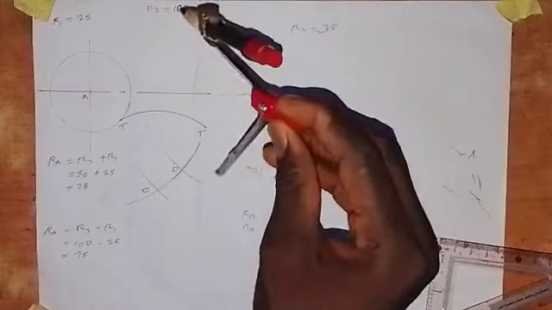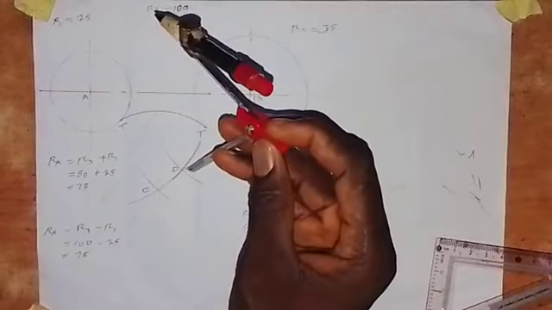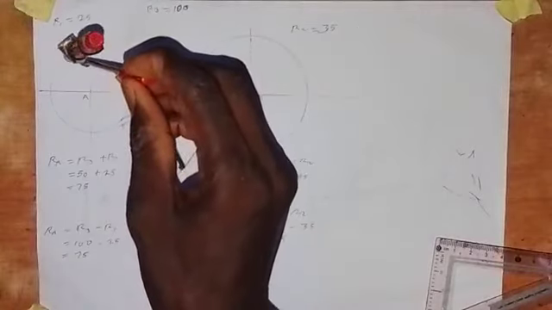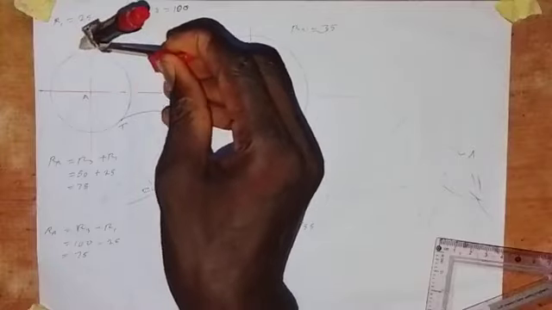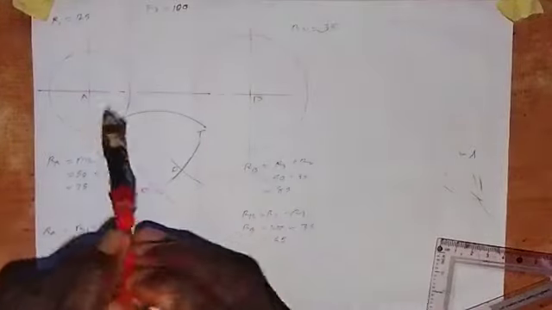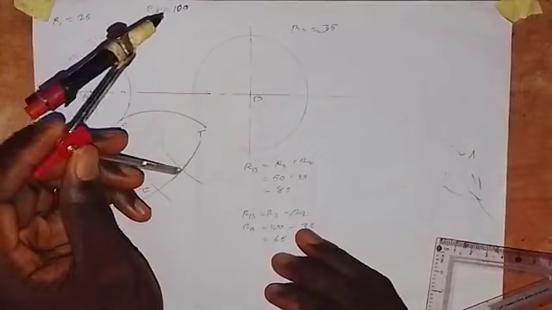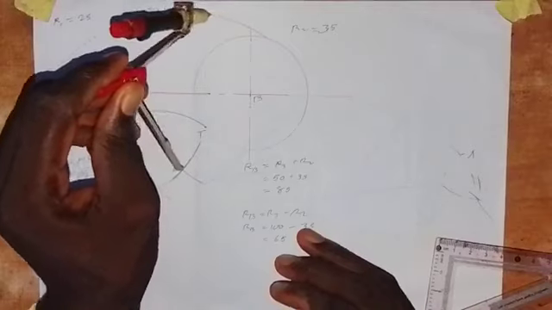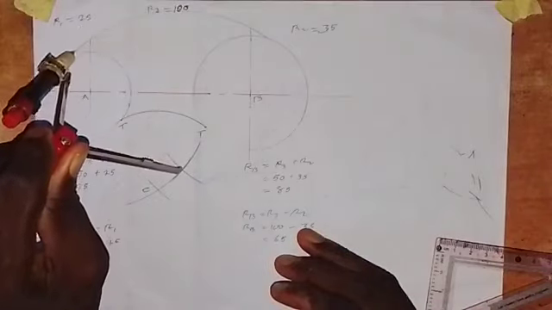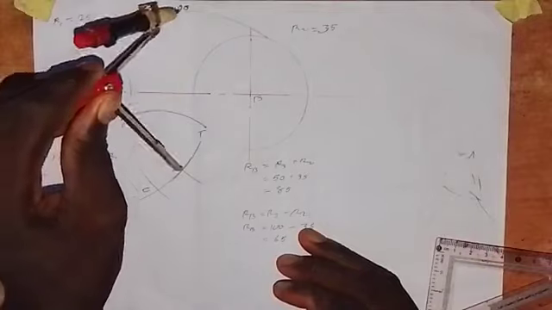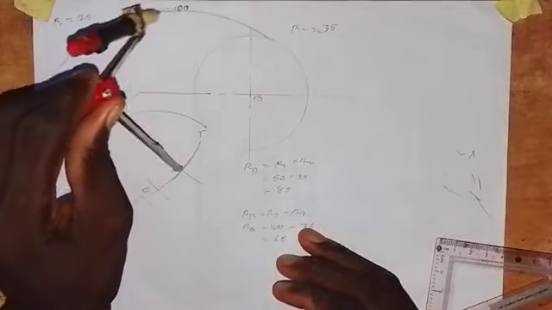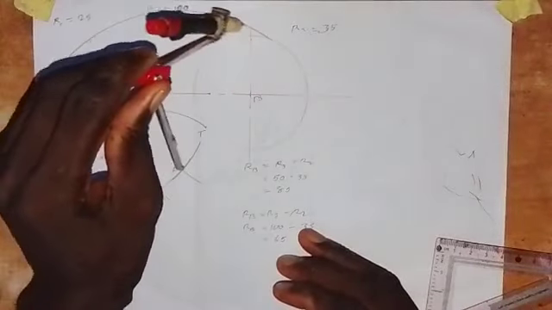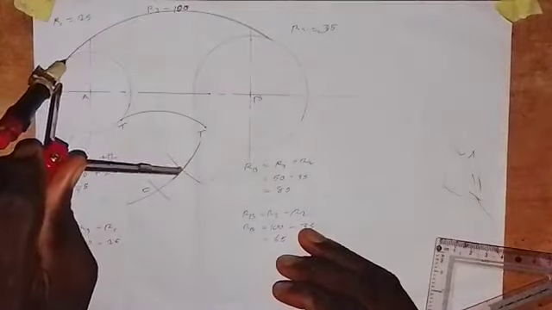So with the pin at the center of arc D, we are going to draw, taking it easy. So we have this arc. You can see that the two circles are touching it internally. They are sitting inside it as we have it here.